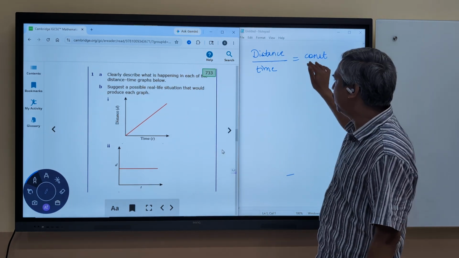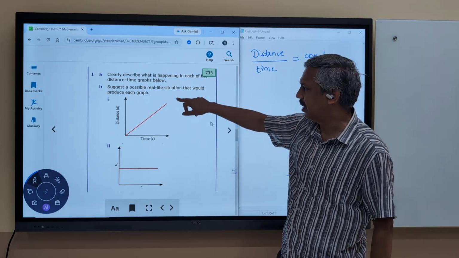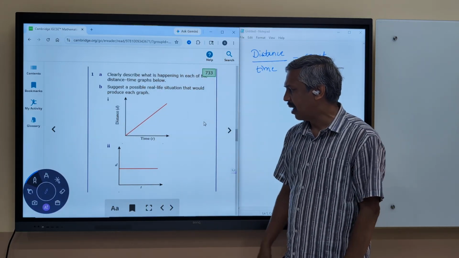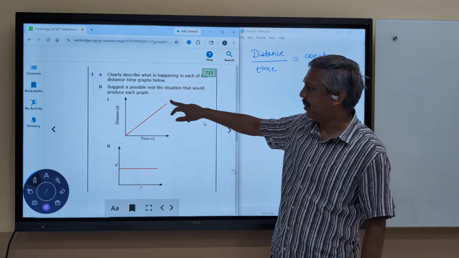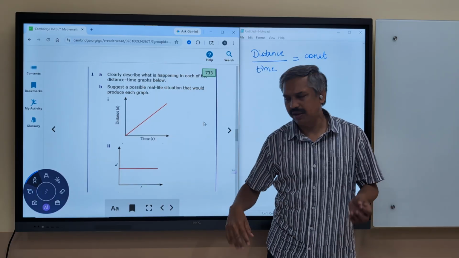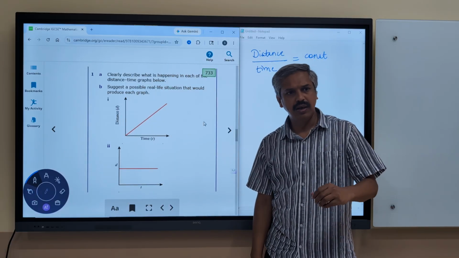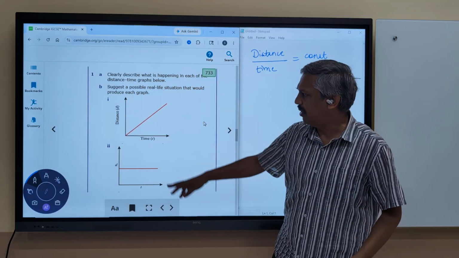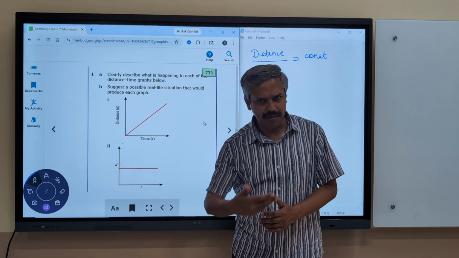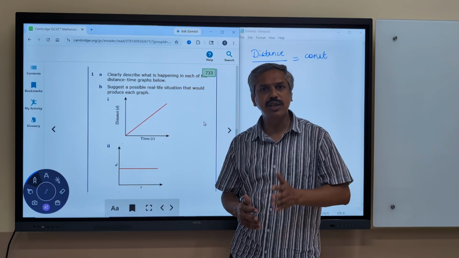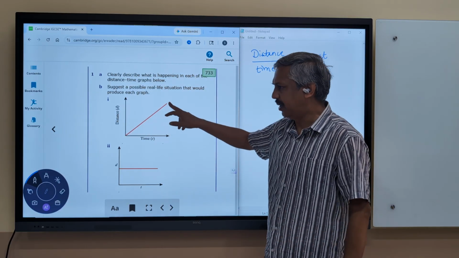And if the speed is constant, you get this kind of graph, a straight line inclined to the x-axis. So we will describe this graph as: this graph shows the distance traveled by a vehicle or by a man or by an object against time when the speed of the vehicle is constant.